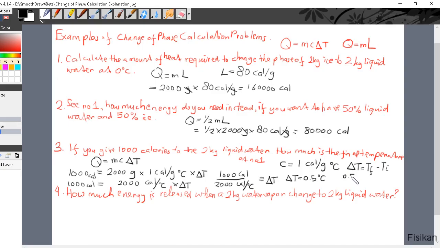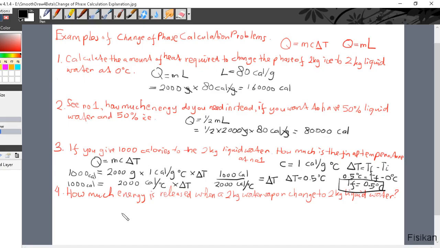So half Celsius degree equals Tf minus Ti, which is 0 Celsius degree from number 1. So we will get Tf equals half Celsius degree. And that's it for number 3.